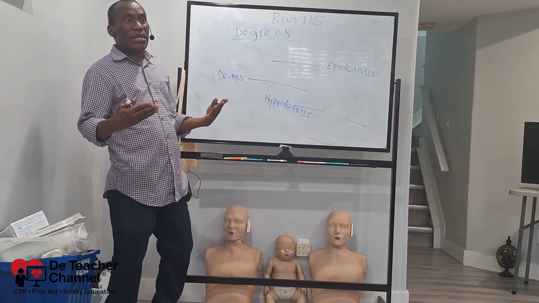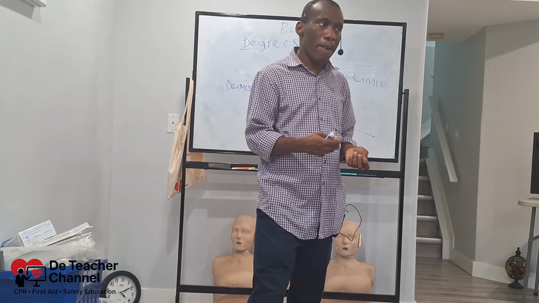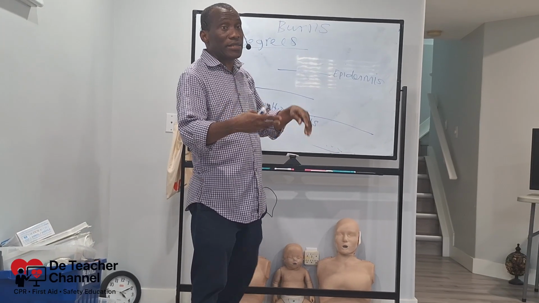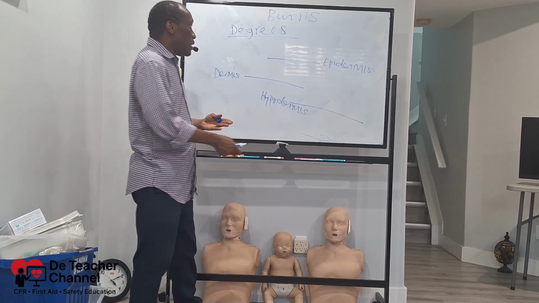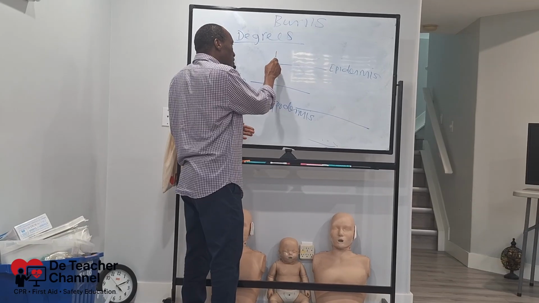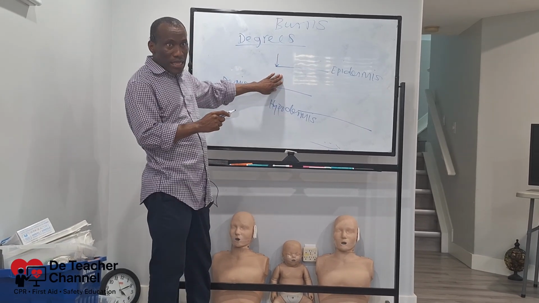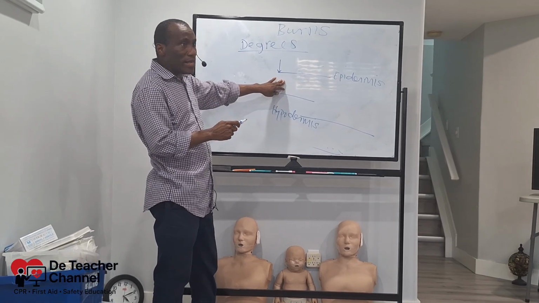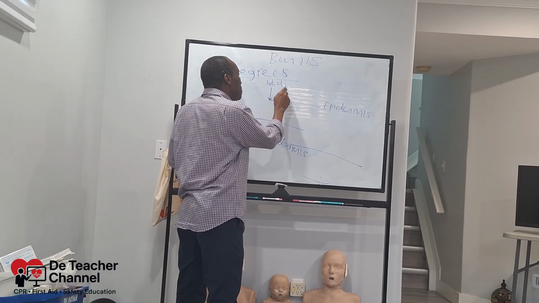If somebody has a burn, let's assume from boiling water that accidentally pours on the skin, but the burn stops on this first layer and doesn't go beyond that, we call it first degree burn.